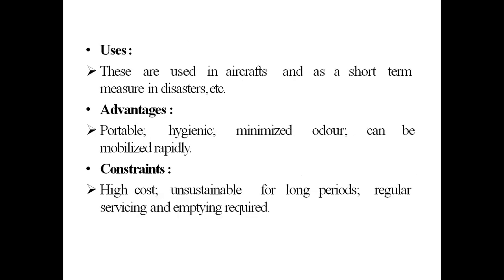These are used in aircraft and as a short-term measure in disaster. The advantages: it is portable, hygienic, produces very minimal odor, and can be mobilized rapidly from one place to another. The disadvantages are that it is high cost and unsuitable for long periods. Regular servicing and emptying is required.